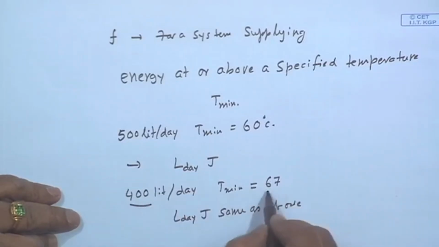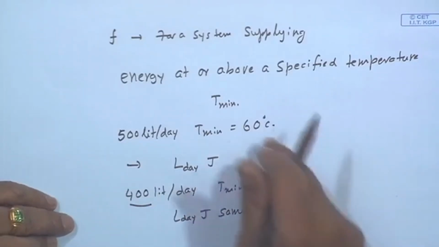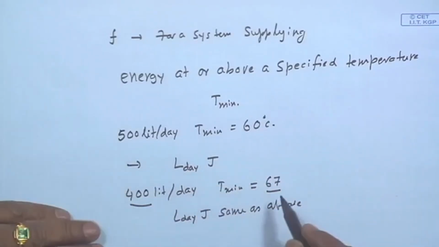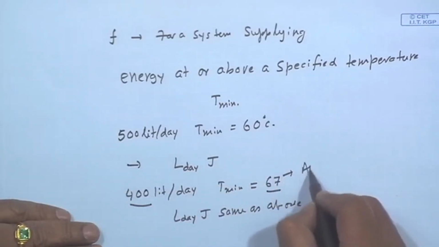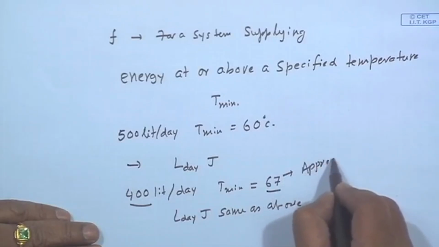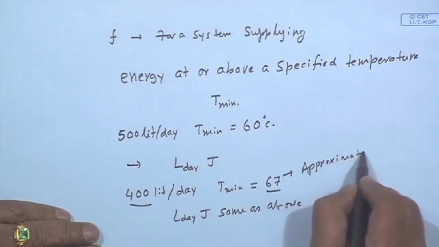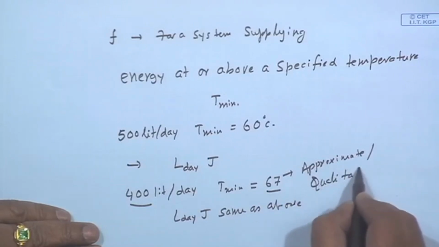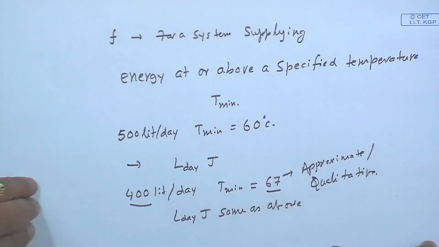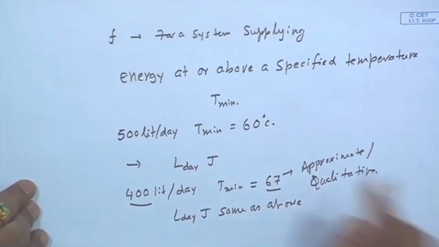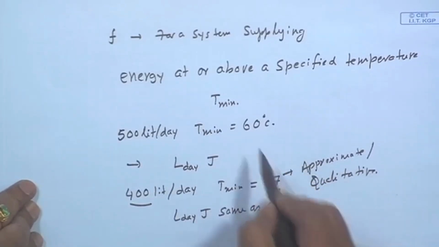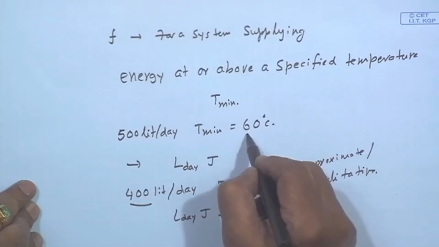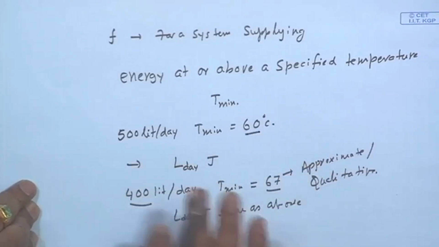Lower capacity, higher temperature. Because there will be a mains temperature involved, I did not directly proportionate it. This is some sort of a qualitative and approximate thing. Not that I have calculated the 67 number, but we know that this T minimum should be higher than this, since the capacity is less for a given load.